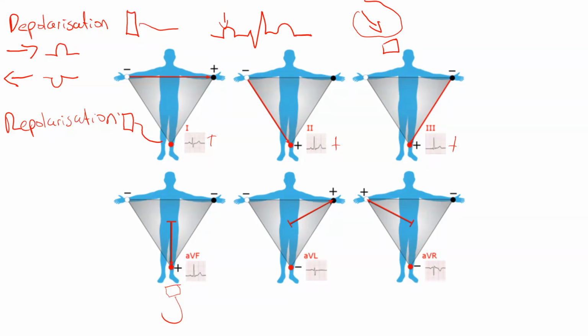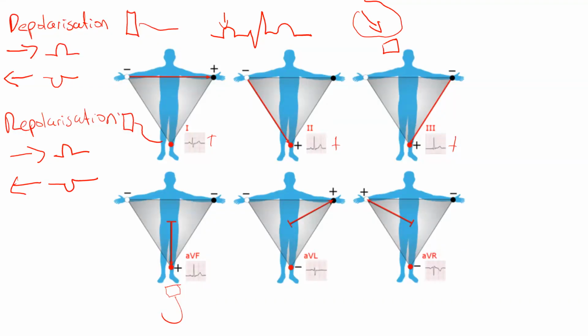But when it comes to repolarization, it's essentially the opposite: if it's going towards the lead, it's going to create a negative deflection. And if it's going away from the lead, it's going to create, oh sorry, wrong way, same kind of thing.